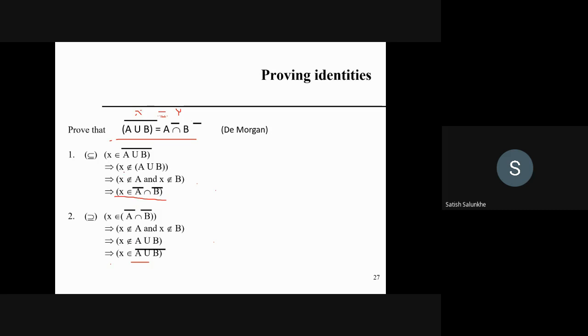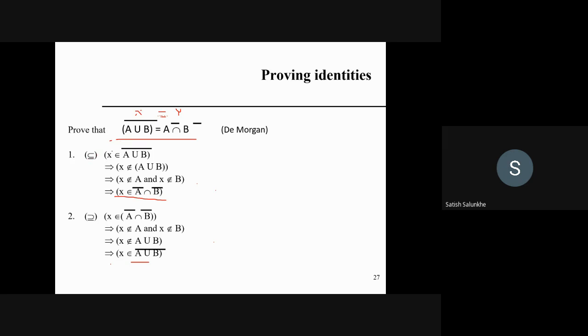So we'll see now in this example, when we say this is a subset of A intersection, this is a subset of X. We are starting with this now. What is X is a subset of A union B complement? When we say a set is a subset of itself, in that direction we are starting now.